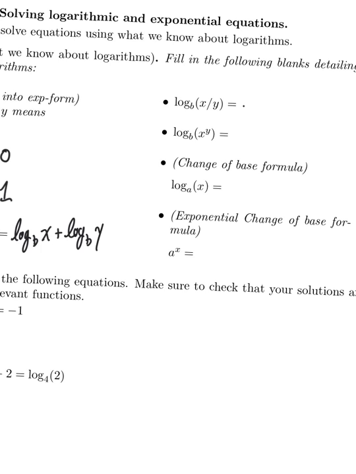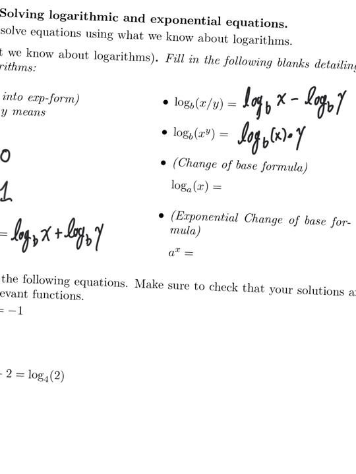Log base b of x over y is the same as the log base b of x minus the log base b of y. The log base b of x to the y, whenever you see an exponent inside of a logarithm, you can pull it out front as a multiple. Log base b of x to the y is the same thing as y times log base b of x.